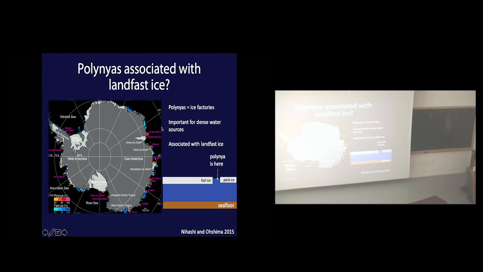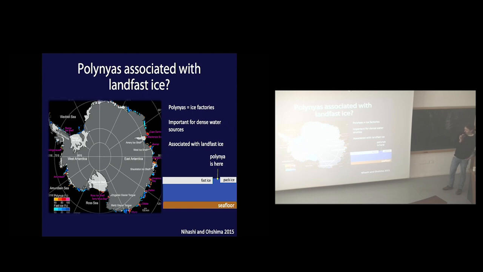Maybe the point I will try to make here is that there is another dimension in the problem, that we are still trying to understand what sets the location of Polynias and what type of processes drive them. So in principle, we know you need wind, you need export of ice, and you have production. But in practice, you don't observe Polynias everywhere.